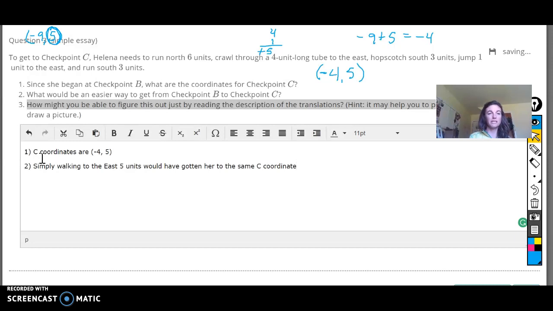So simply walking to the east would have gotten her to the same C coordinate.